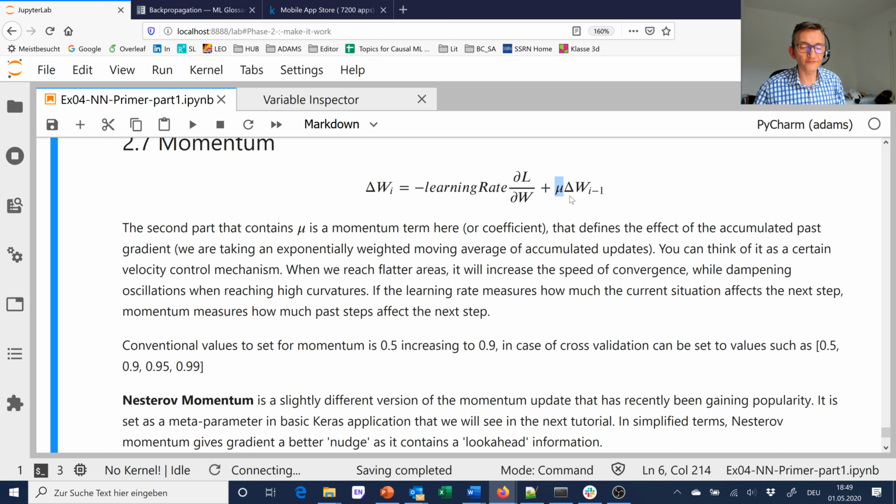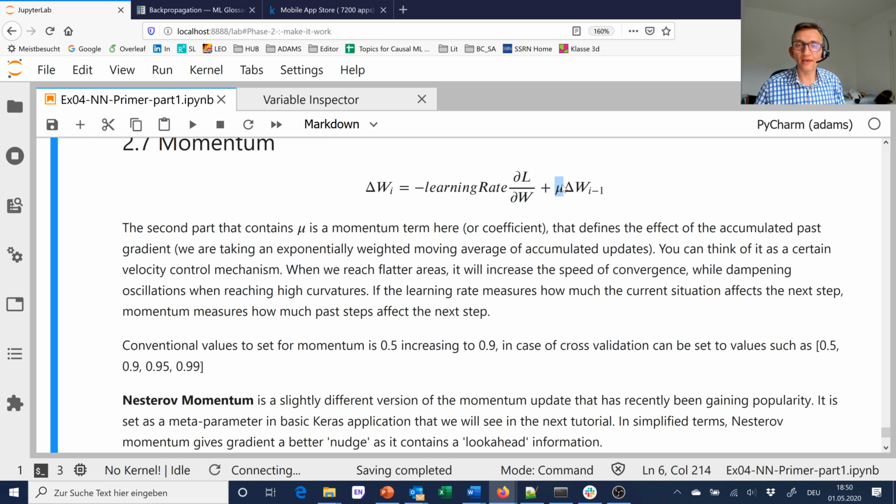If you have done some stuff in time series, you will notice that that's an exponentially weighted moving average, which we are calculating here, over previous updates. And that is what momentum does: it tries to enhance gradient descent with some memory of what has happened in the past. How did we update weights in the past? Typically that works well and improves over ordinary gradient descent.